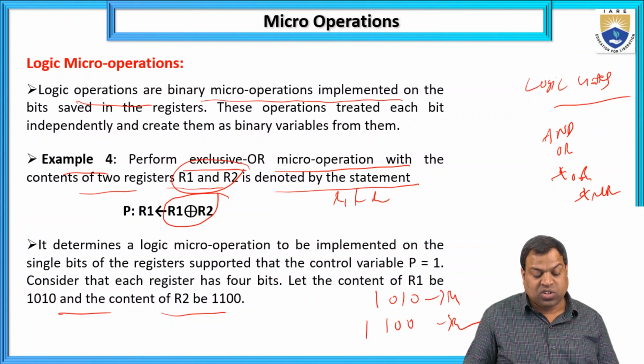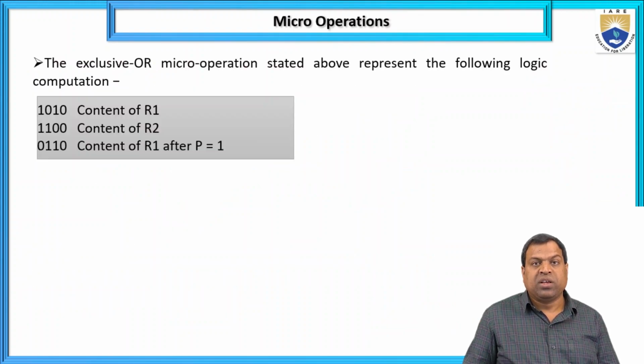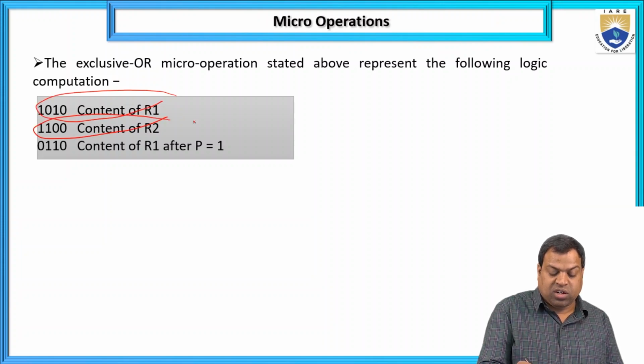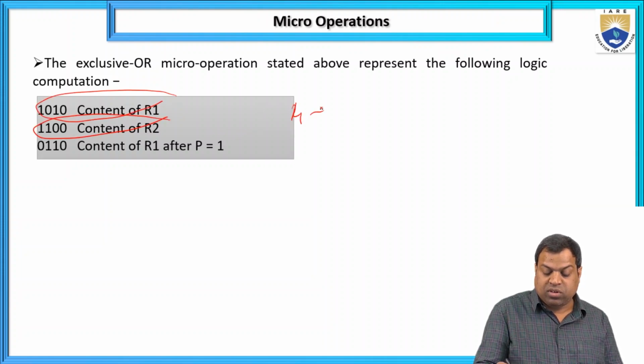The exclusive OR operation is performed on R1 and R2. After R1 exclusive OR R2, the output is 0110.